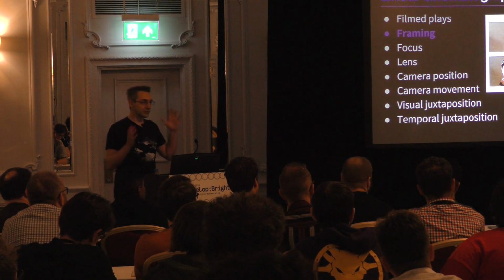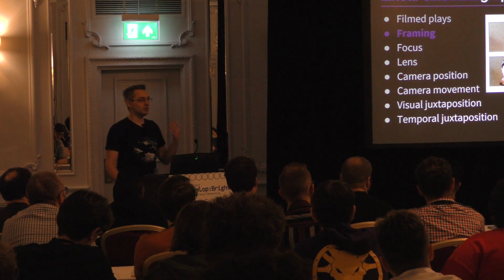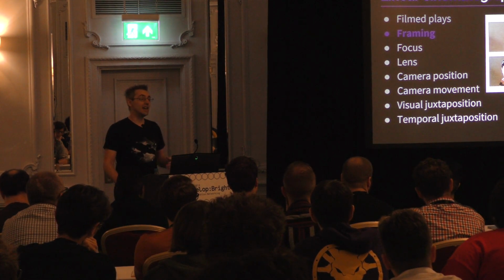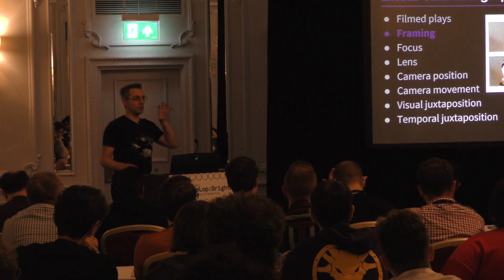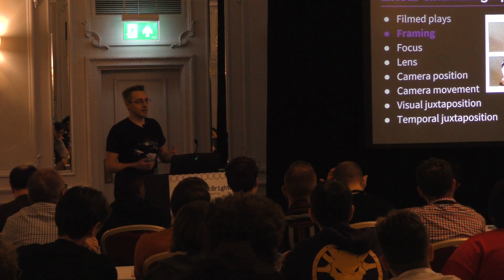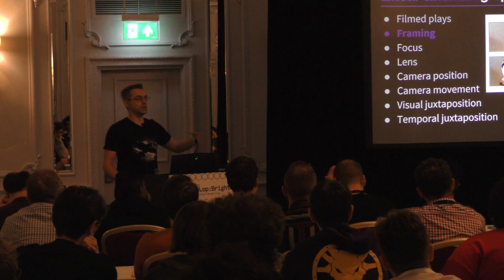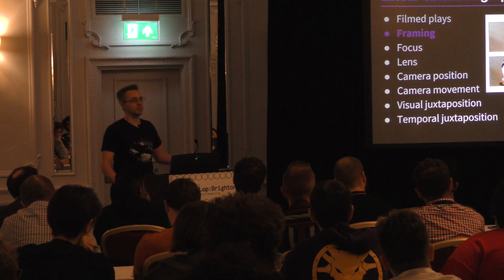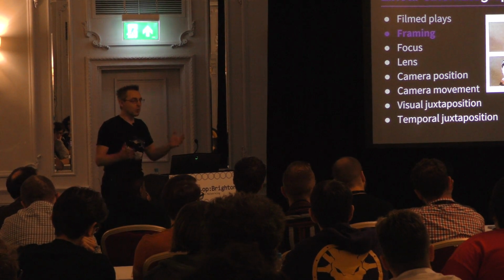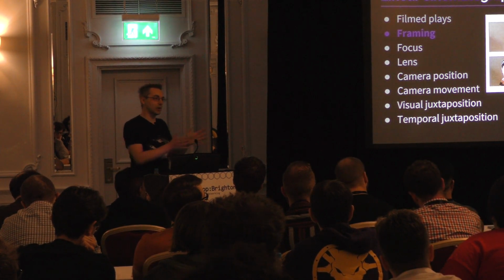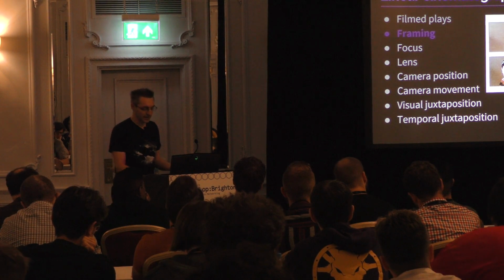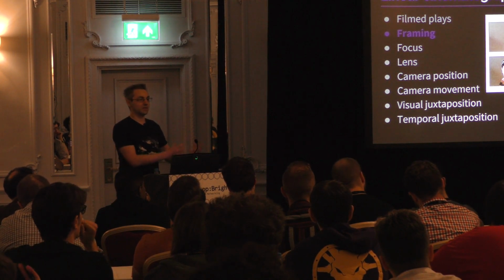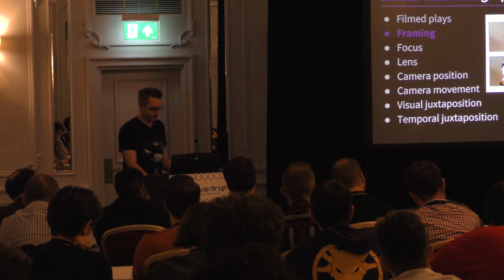If you have an extreme close-up of someone's face, it usually means that that person is very important, and quite often, if it's really close, it means that you're pretty much inside their head. If they're someone distant, if they're not an important character, then you don't tend to get close to them or see them full frame. So what the camera pays attention to and how closely it pays attention to it is a very important signifier of how important that subject is to the storyline.